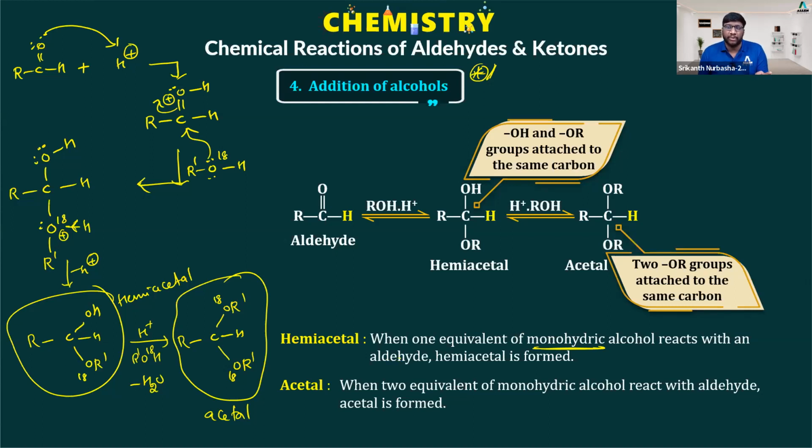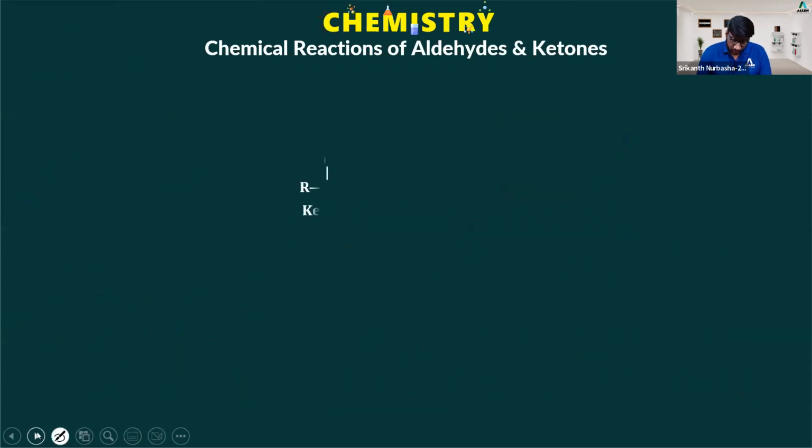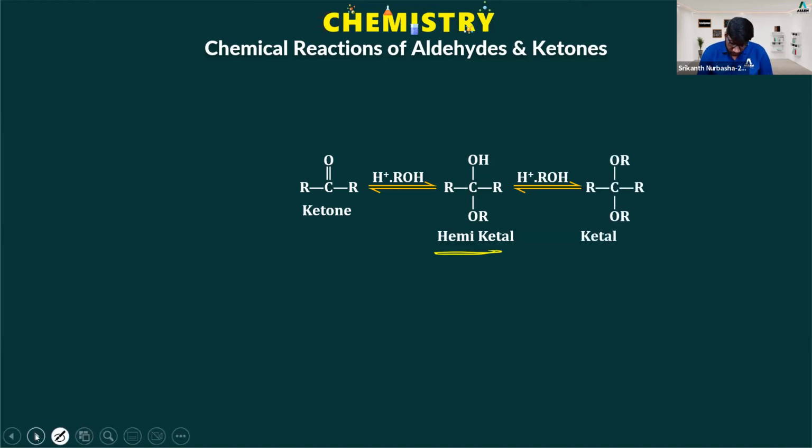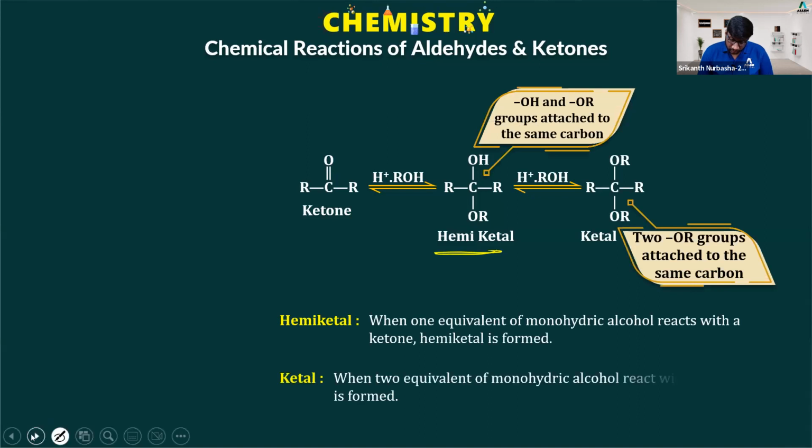Two equivalents react with ketone to form ketal. R2C=O, H+ in the presence of ROH, you get hemiketal. Again H+ in the presence of ROH, you get ketal. Hemiketal is formed when one equivalent of monohydric alcohol reacts with a ketone, and ketal is formed when two equivalents react.